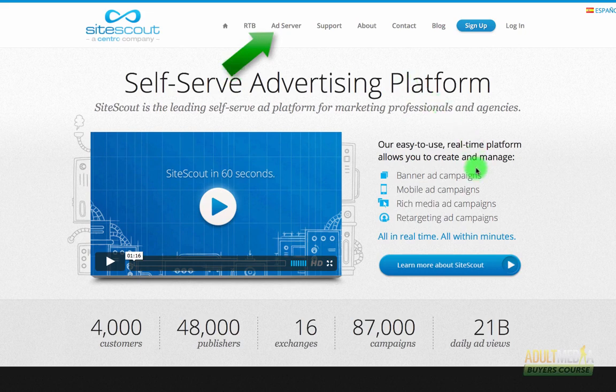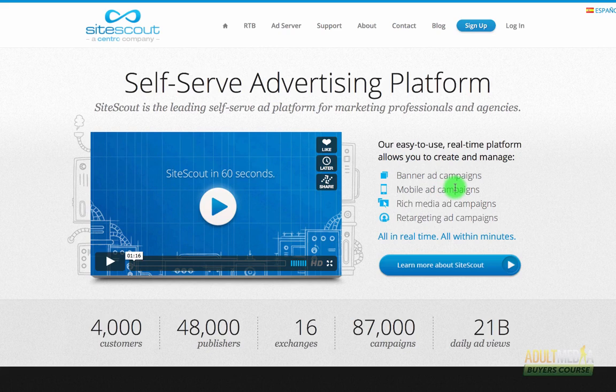It's a nice user interface, and sometimes that's very important for people, just to have something that they can interact with. I know a lot of the other ad servers, a lot of their dashboards and stats and setting up your campaigns, it could be a little outdated, so it makes it hard to really push through and get your stuff set up. SiteScout has a very nice user interface. Okay, so that could be important for people.